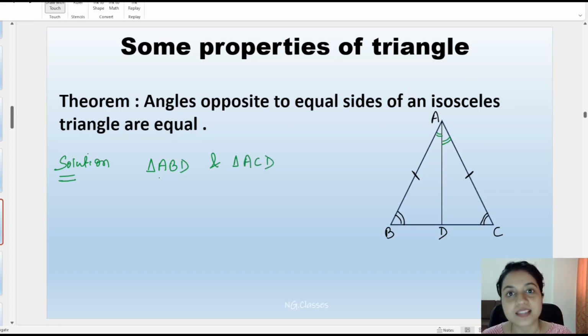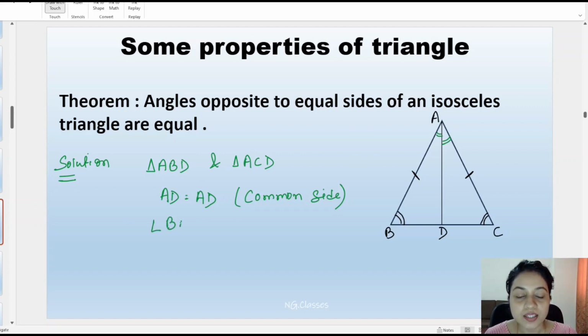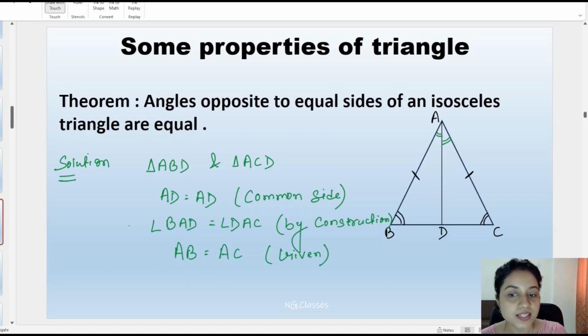And also we can see in the figure that side AD is the common side in both the triangles, and angle BAD is equal to angle DAC by construction, and also side AB is equal to side AC, already given in the theorem. Now from here we can see the sequence of side, included angle, and then side. You can check it in the figure also. We are taking the common side, then the included angle, then the other side.